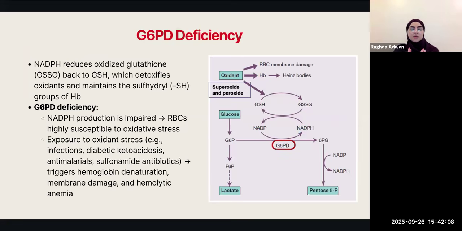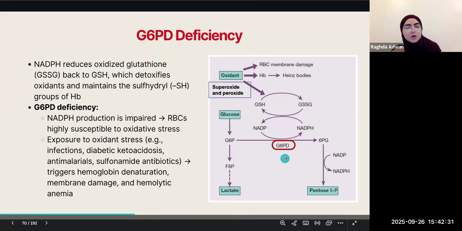Okay, so let's start again. You need NADPH to recycle reduced glutathione. You need reduced glutathione, or GSH, in order to handle your oxidative stress in the body. Where does NADPH come from? It comes from the pentose phosphate pathway. Which enzyme makes NADPH?